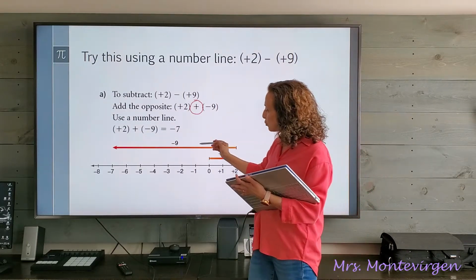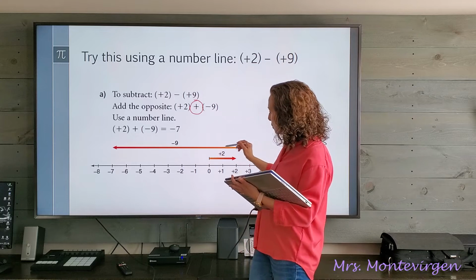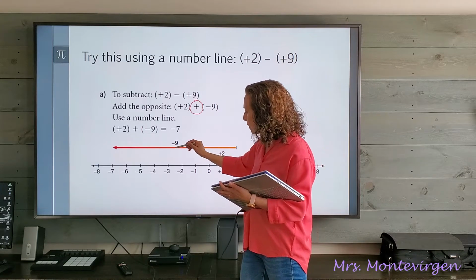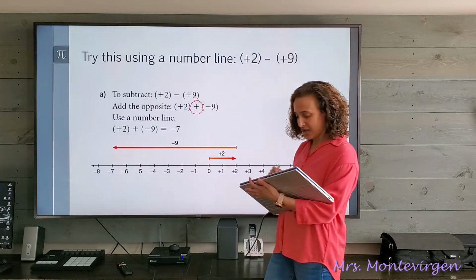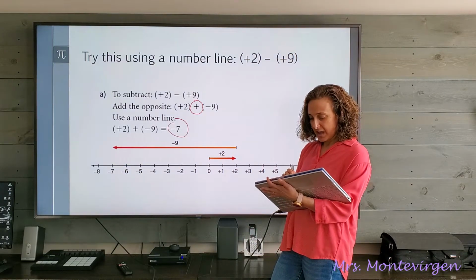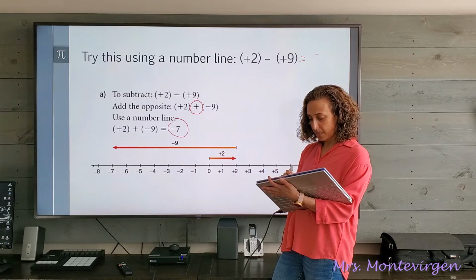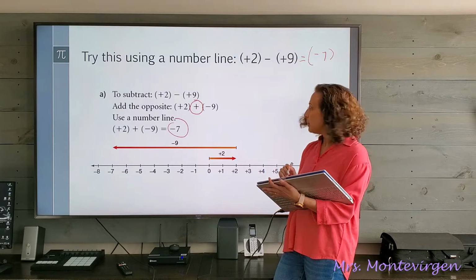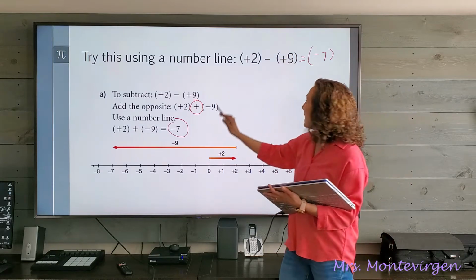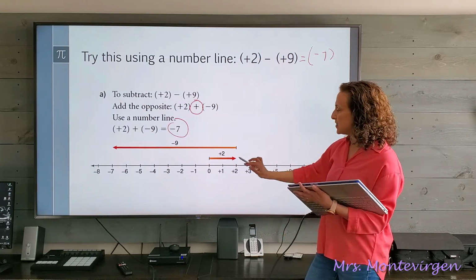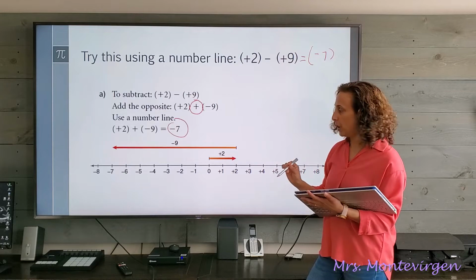And we're going to go to the left 9 spaces. So 1, 2, 3, 4, 5, 6, 7, 8, 9. I land on negative 7. And that is my answer. So when you get to positive 2, take away positive 9, my answer is going to be negative 7. And that's how you show it on the number line.